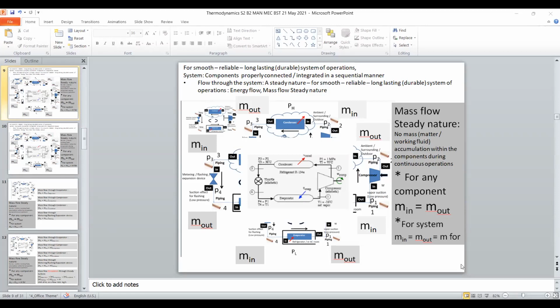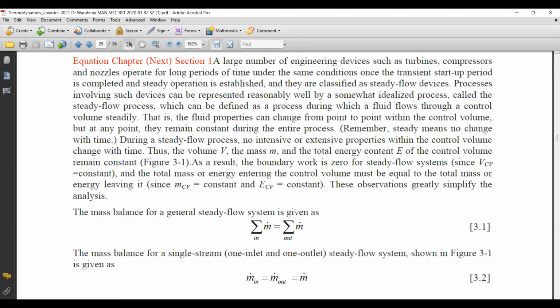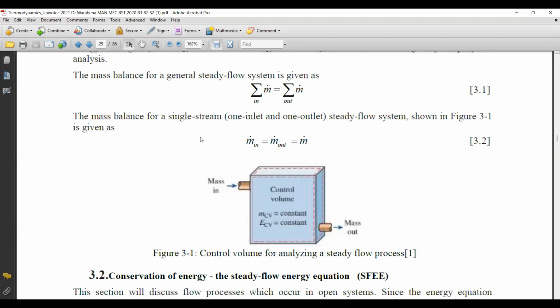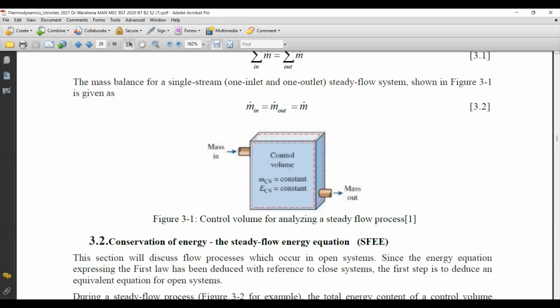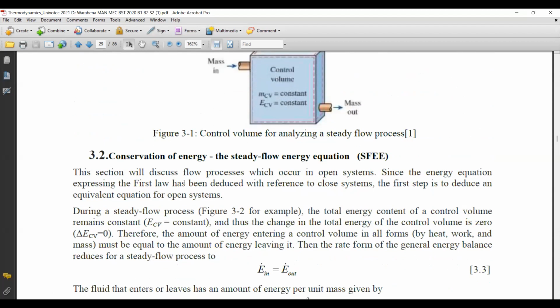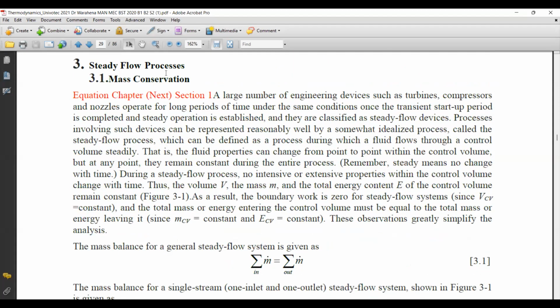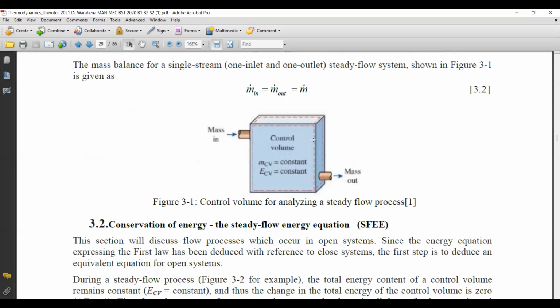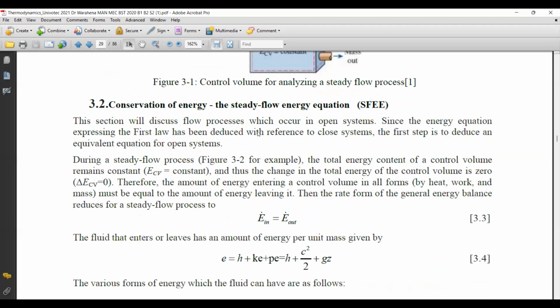So back to the notes. You should go through this. See, I got this from your note. Okay, so you can go through this. See, this is about the mass balance, mass conservation. Okay, mass conservation. And here, energy conservation.